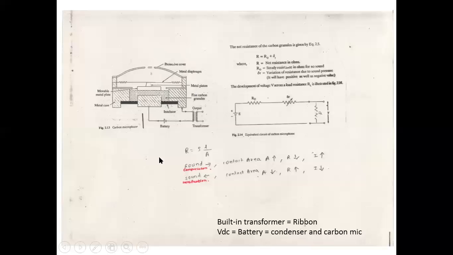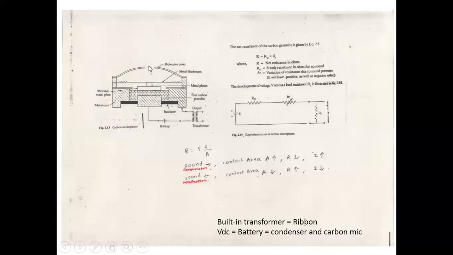Now the last type of microphone is the carbon microphone. Again, the construction: if you see, there is a fixed plate, a moving plate, and between the fixed plate and moving plate you have carbon granules. Please keep this in your mind. Carbon granules are kept between the moving plate and fixed plate, and the front side is a diaphragm, which is connected to the moving plate.